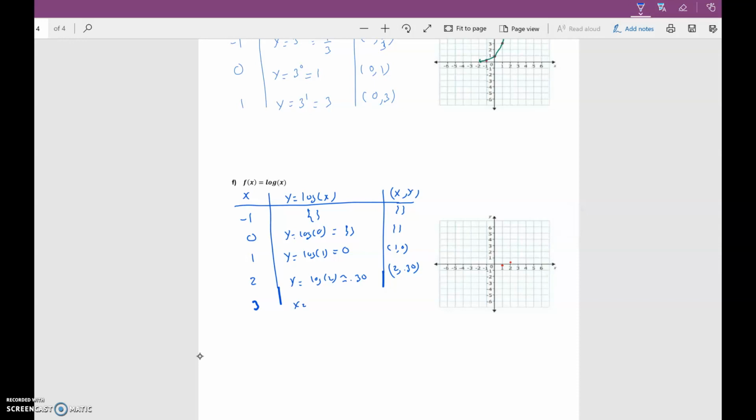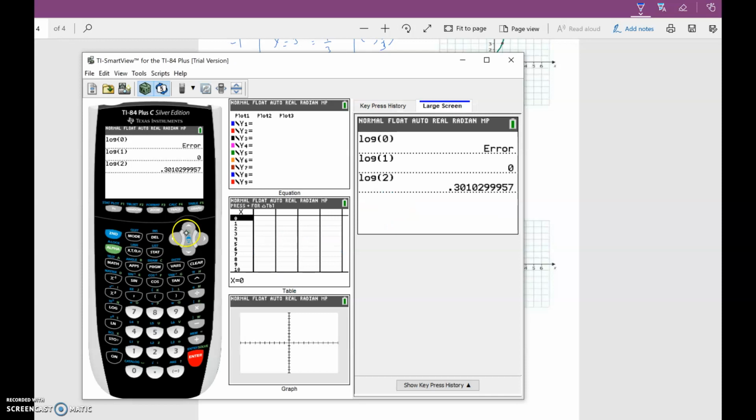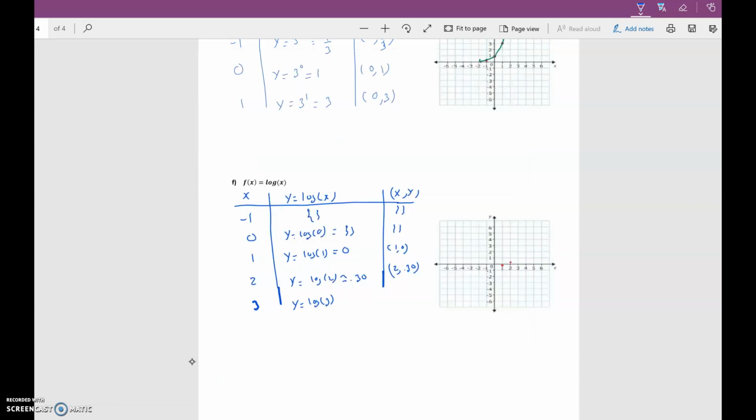So y is equal to log of 3, and in this case it's about 0.48 if you round to 2 places. So this is about 0.48.